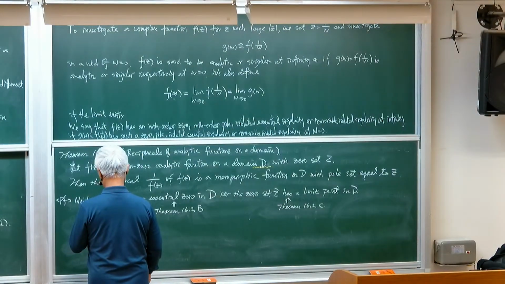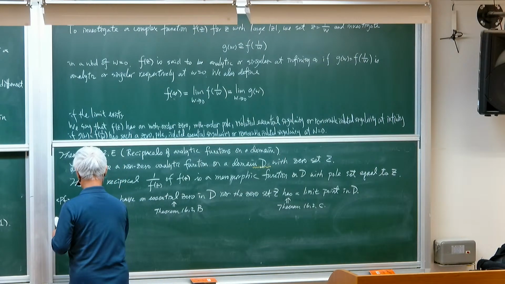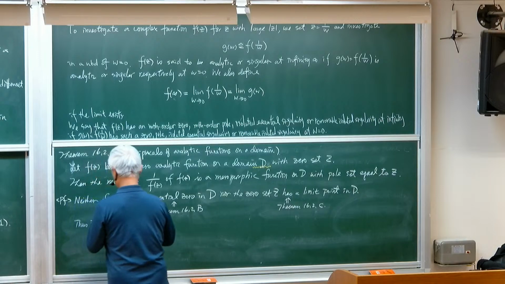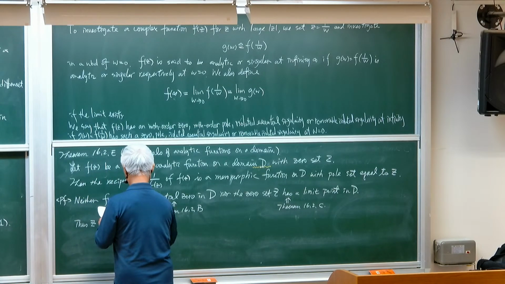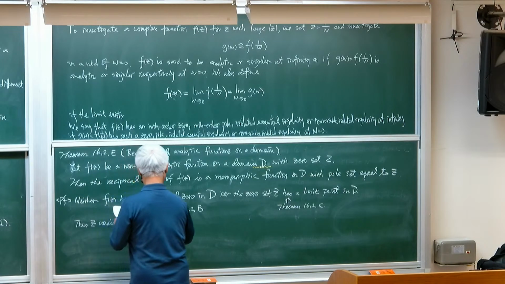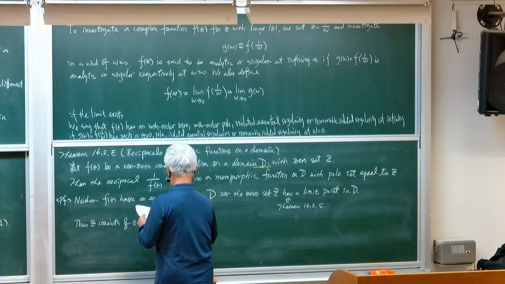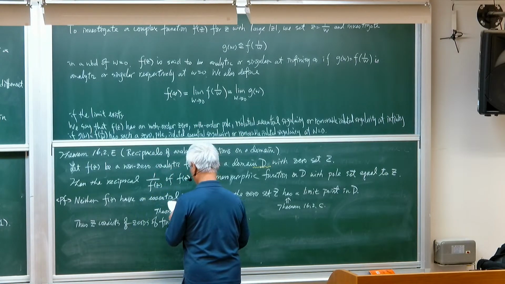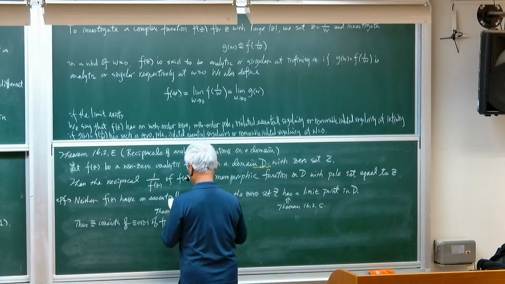All right. So thus Z, the zero set, consists of zeros of finite order of f.